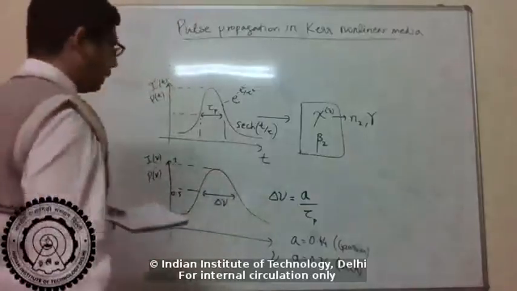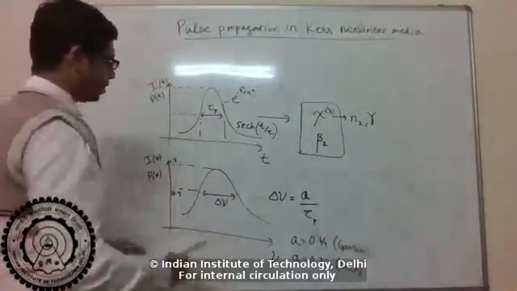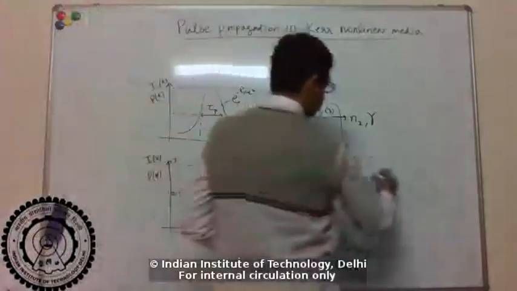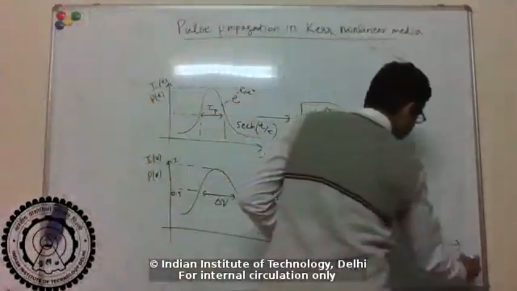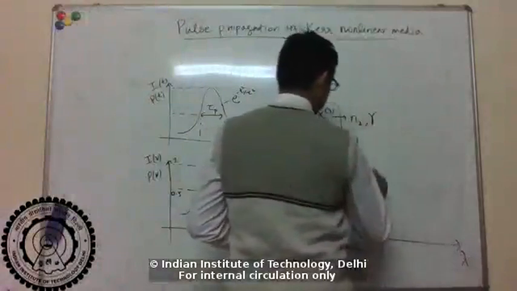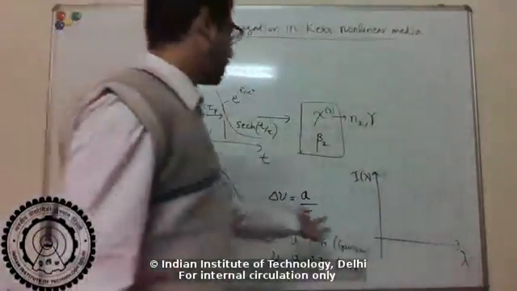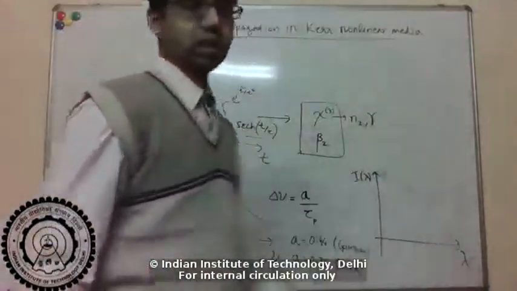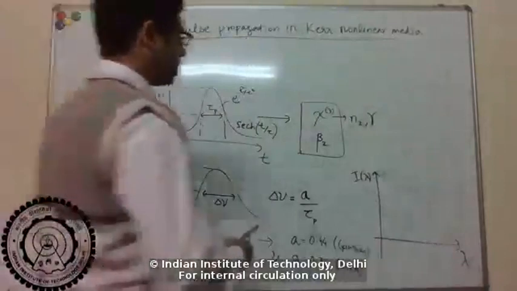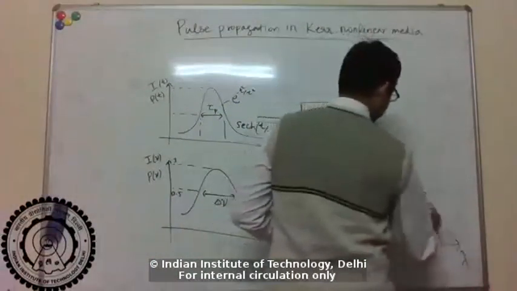Many times this spectrum is also denoted, instead of in frequency space, in wavelength space. Basically the spectrum you can either plot in frequency or wavelength. In wavelength also it will look something like this, and it will have a bandwidth delta lambda.